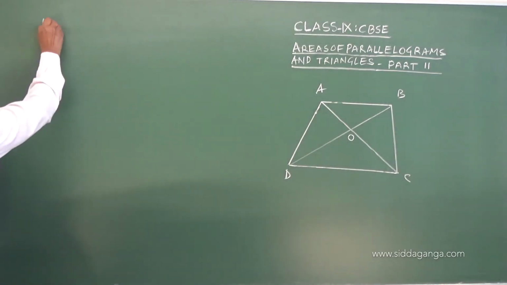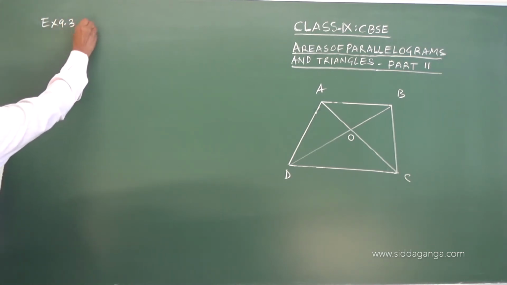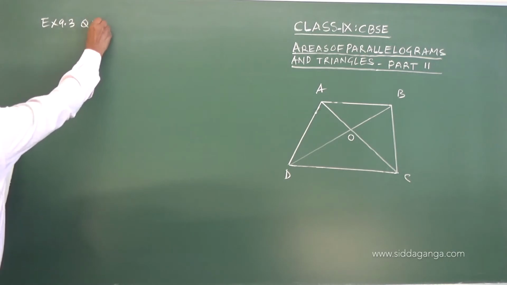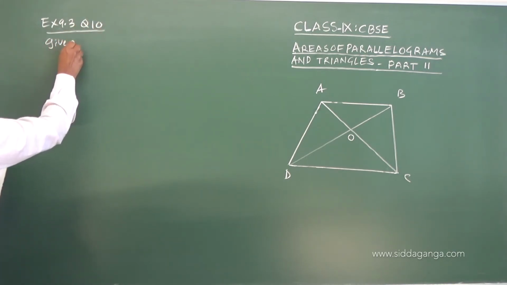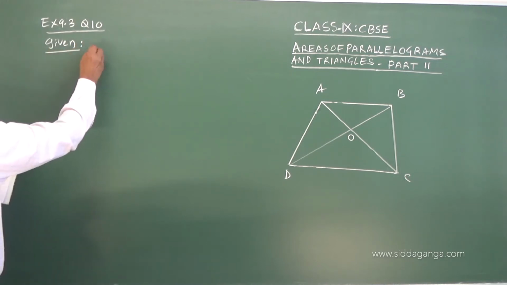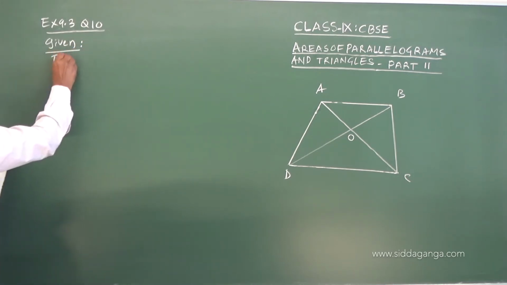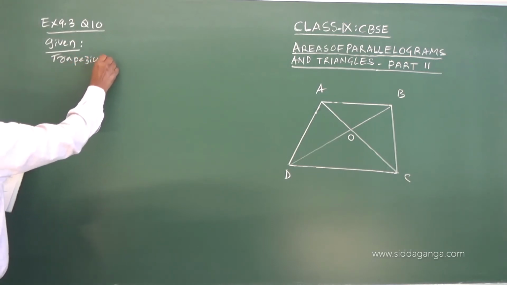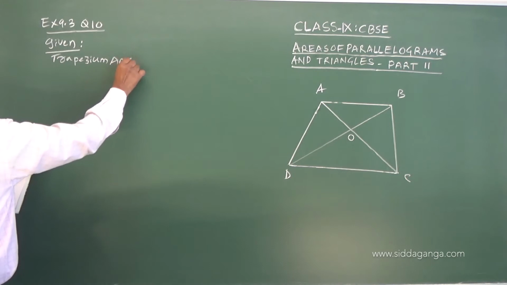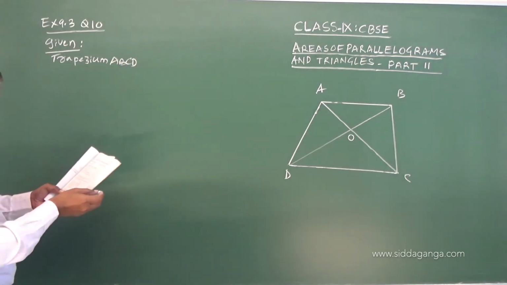So exercise 9.3, question number 10. So given data, given trapezium ABCD. Trapezium ABCD.